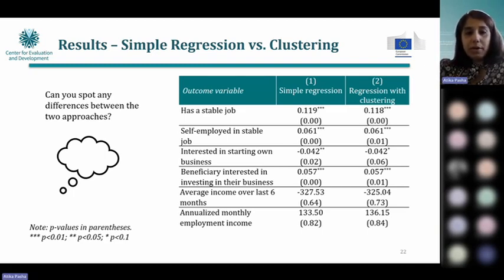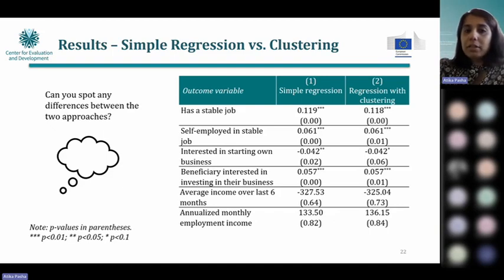So what does our regression look like? Here, we've moved away from a difference in means, and we are actually showing you regression results. Having received the program means that you are, again, this is a proportion, so multiply this by 100, 11.9% more likely to have a stable job.